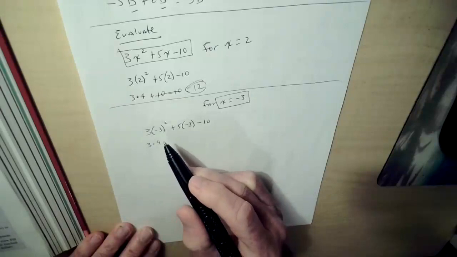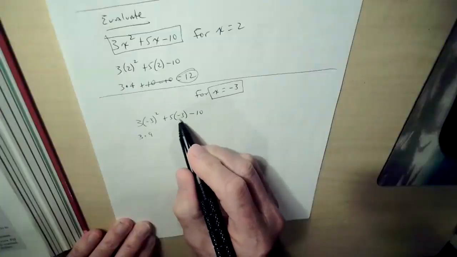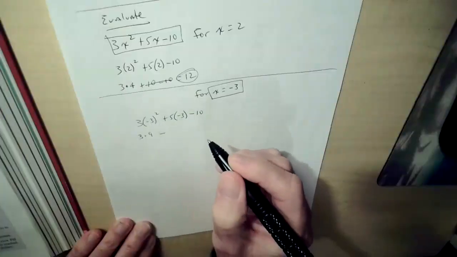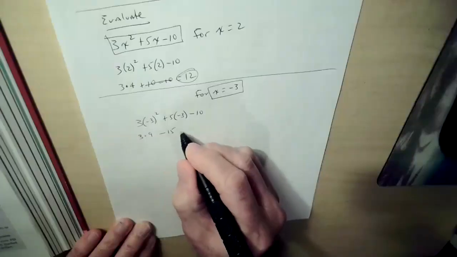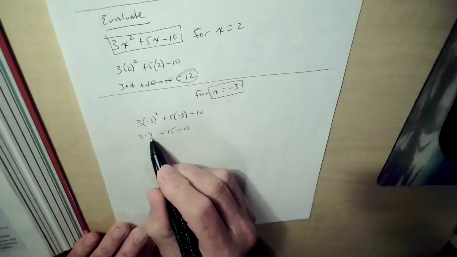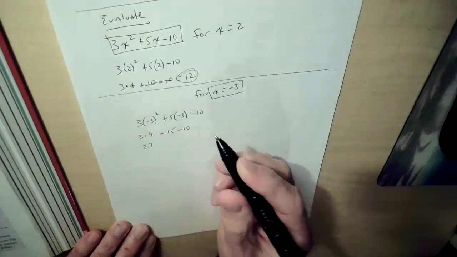So we have, right? And again, if you're not sure, plug it in your calculator. Again, don't tell on me. 5 times -3, a positive times a negative is a negative. Is that 15? Minus 10. 3 times 9, order of operations again, we do this first.